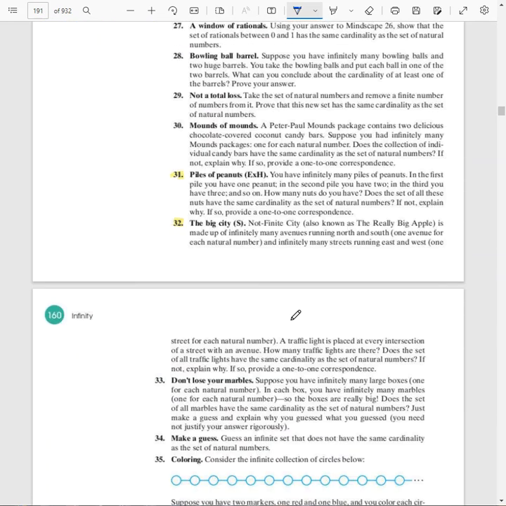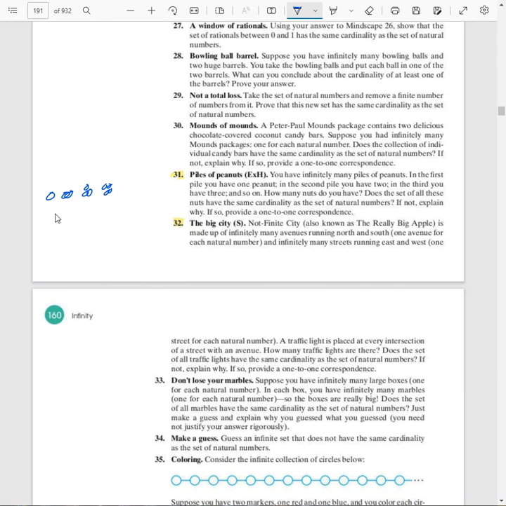Not really. You have infinitely many piles of peanuts. In the first pile, you have 1 peanut. In the second pile, you have 2 peanuts. In the third pile, you have 3 peanuts, and so on. They don't look like peanuts to me either. How many nuts do you have? You have infinitely many.